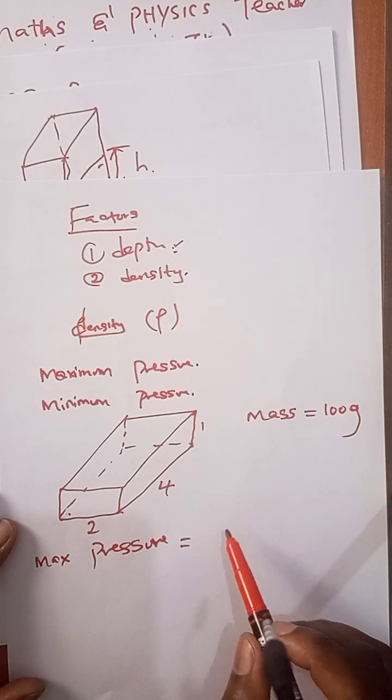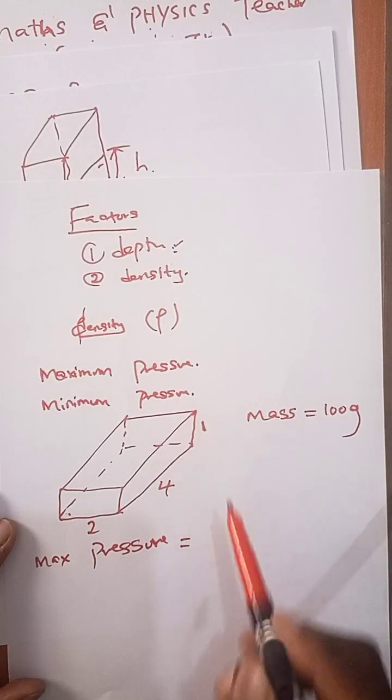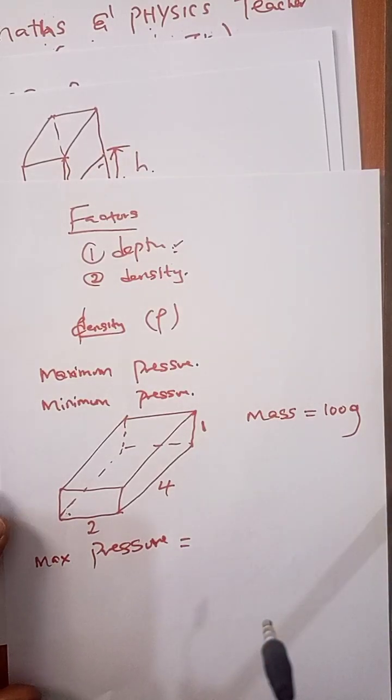When we talk about maximum pressure, this gives the reason why a needle is so sharp, and when a nail gets into your flesh, it gets in so fast and so swift.